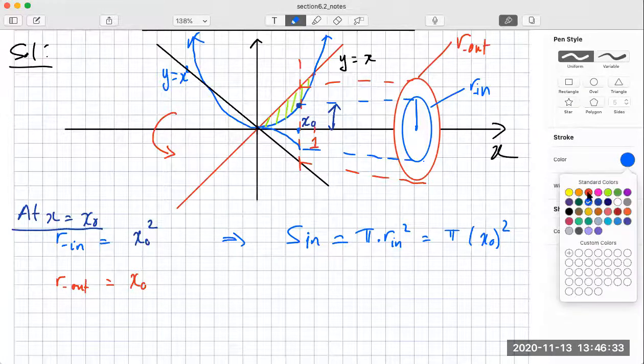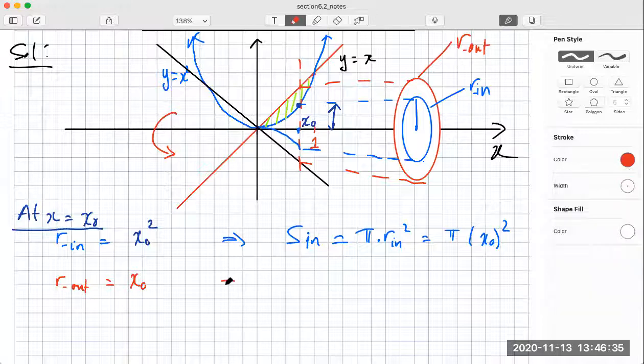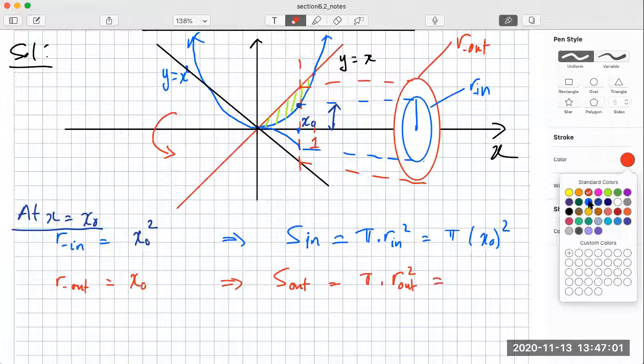How about the area of the outer circle? It will be pi and the outer one, R out square, right? Oh, this is square and then square, sorry.